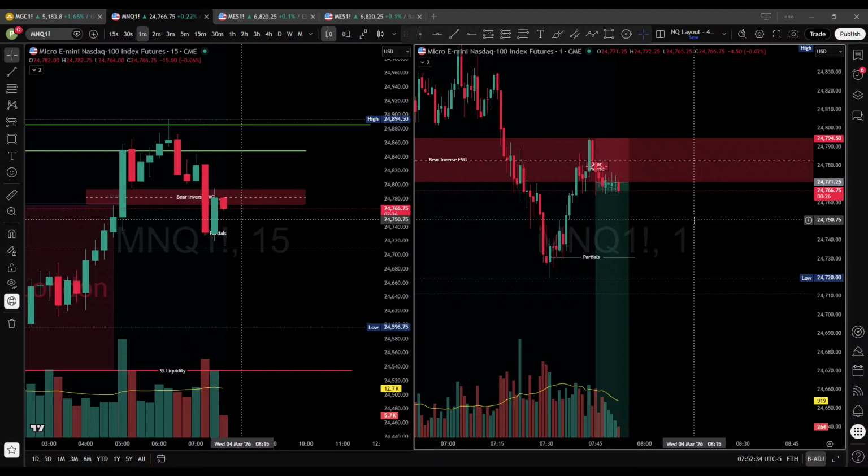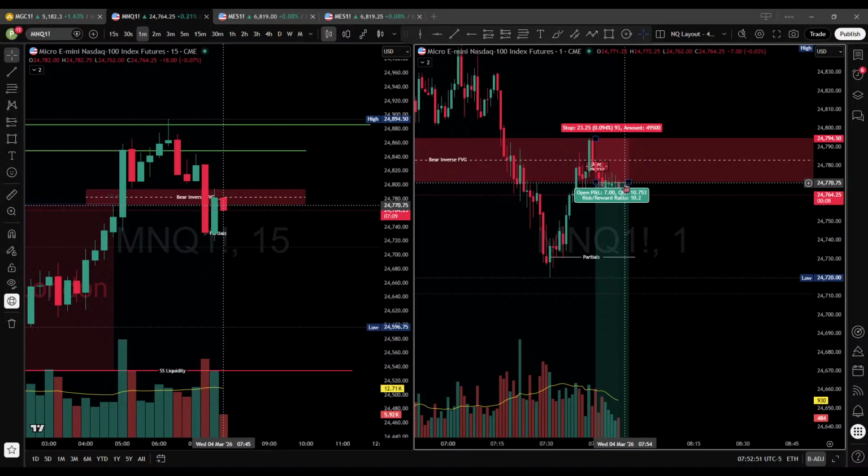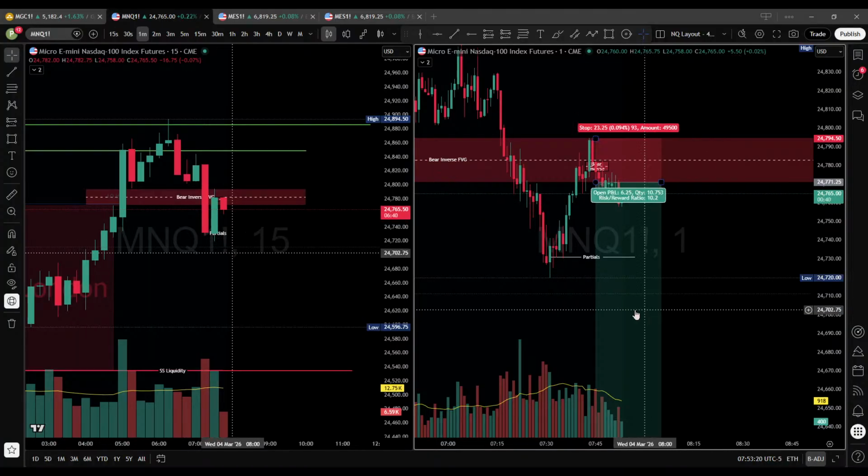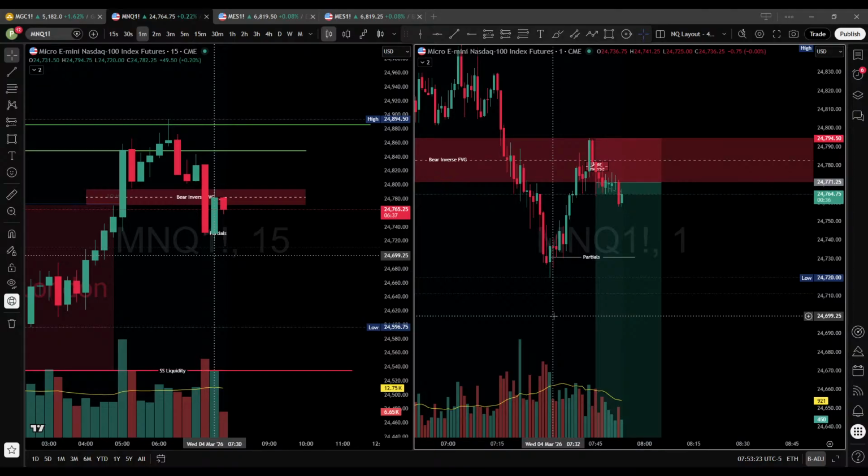But if we are trading with the algorithm, then we should not be worried much. I'm not putting the trade into break even as of now.